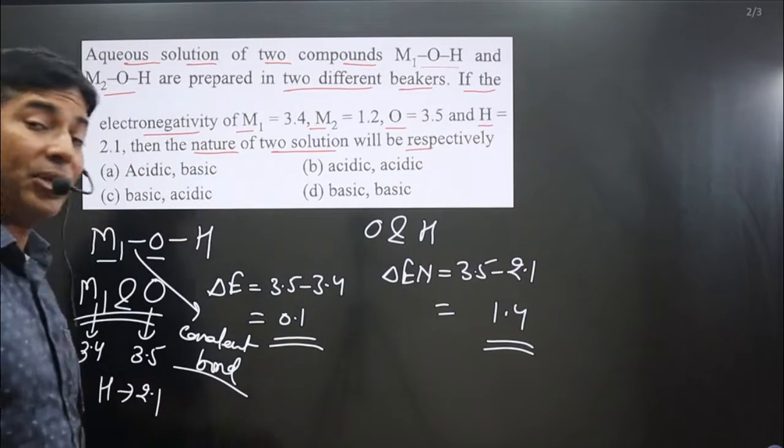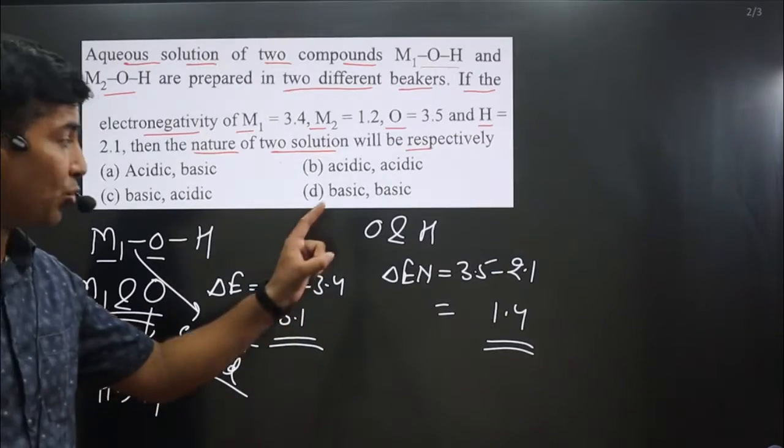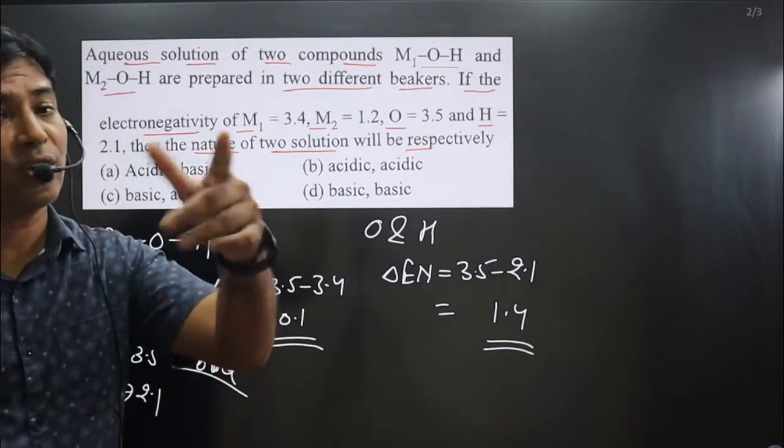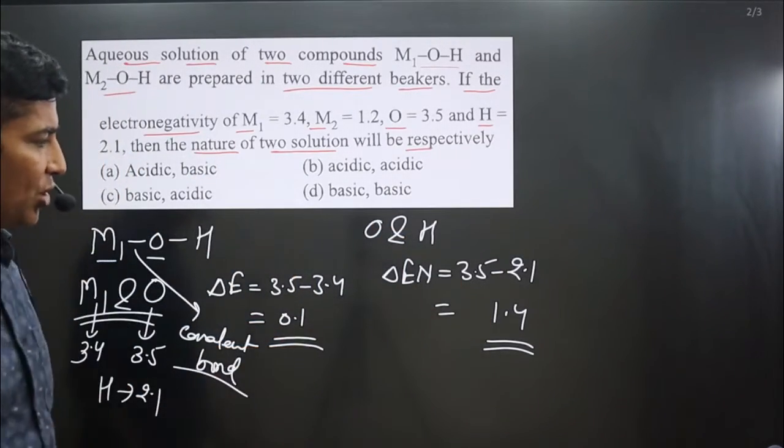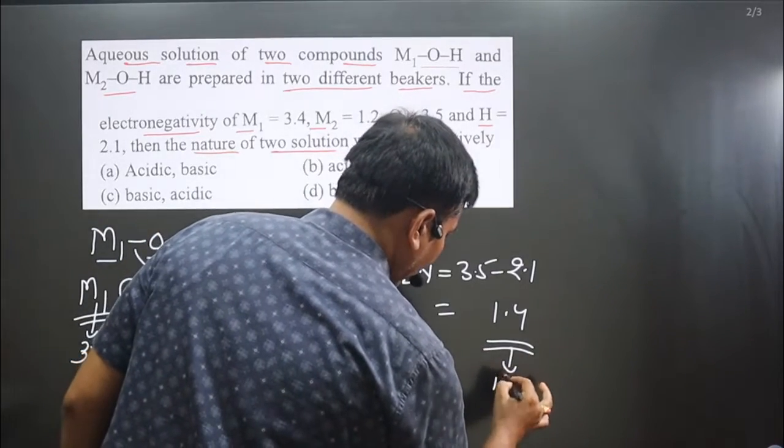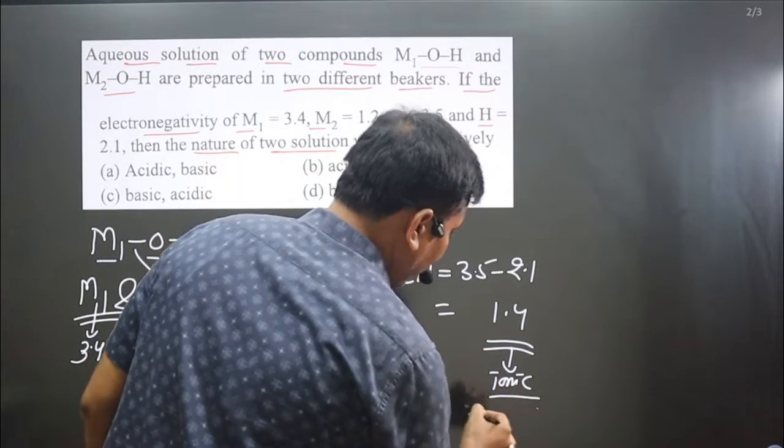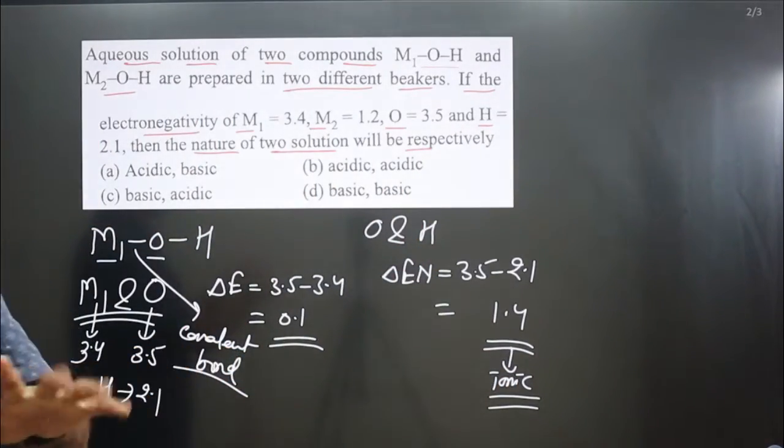You can see the electronegativity difference between oxygen and hydrogen is more than 1, which means it is forming an ionic bond.